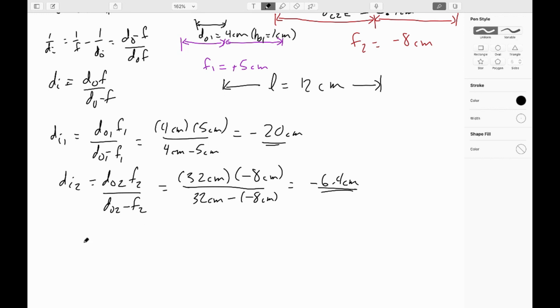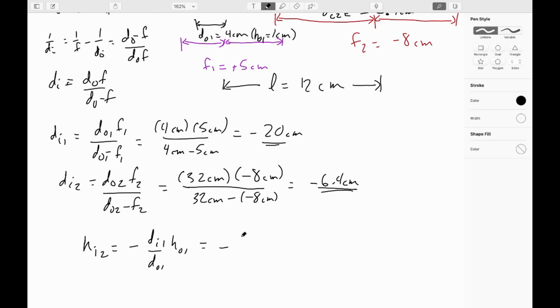So from the magnification relationship, the height of the image, HI1, is going to be equal to minus DI1 over DO1 times HO1.